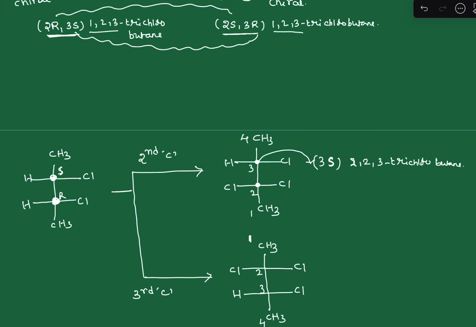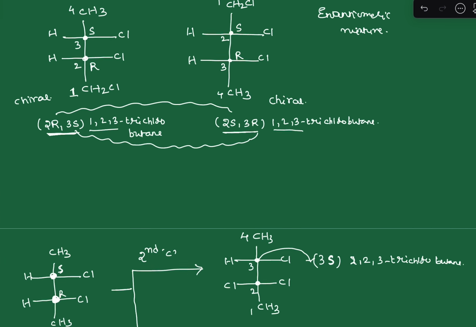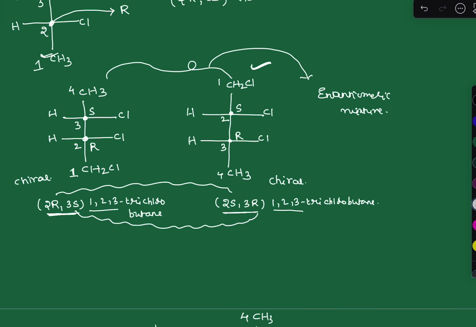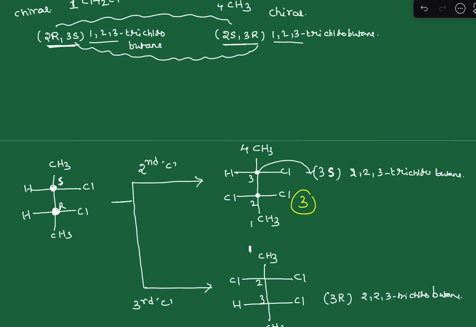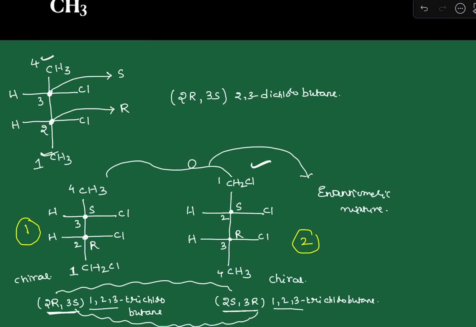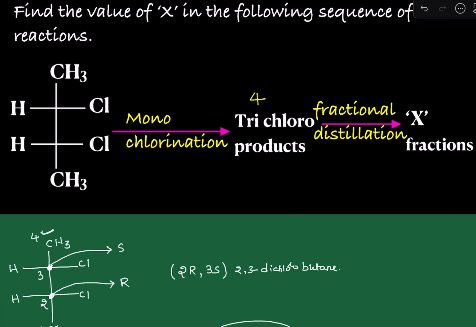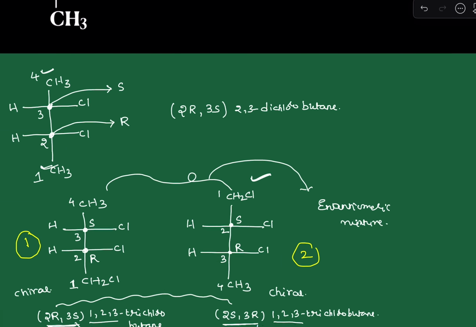Now again the third carbon is chiral, and this is 3R, 2,2,3-trichlorobutane. So totally we are getting four products here. This is the first one, this is the second one, this is the third one, and this is the fourth one. So the total number of trichloro products is 4.